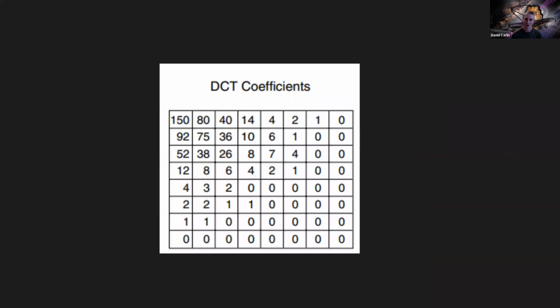So it's saying it's so much of this one plus so much of this one plus so much of this one plus so much of this one. You add them all together and you get back to the original 8 pixel by 8 pixel block. Great, right? You get these DCT coefficients.